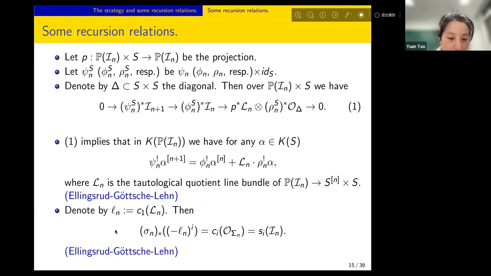This statement is also due to these 3 people in the same paper. You push forward. So sigma n is from this incidence variety to this Sn times S. So it's just the Chern class of the ideal sheaf, the universal ideal sheaf, I should say.